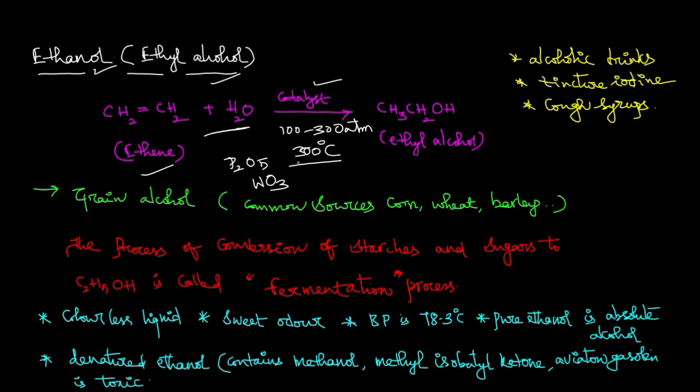If you apply these conditions, this ethene turns to ethyl alcohol. This ethyl alcohol is also called ethanol, and this is also called grain alcohol because this is present in corn, wheat, and barley.